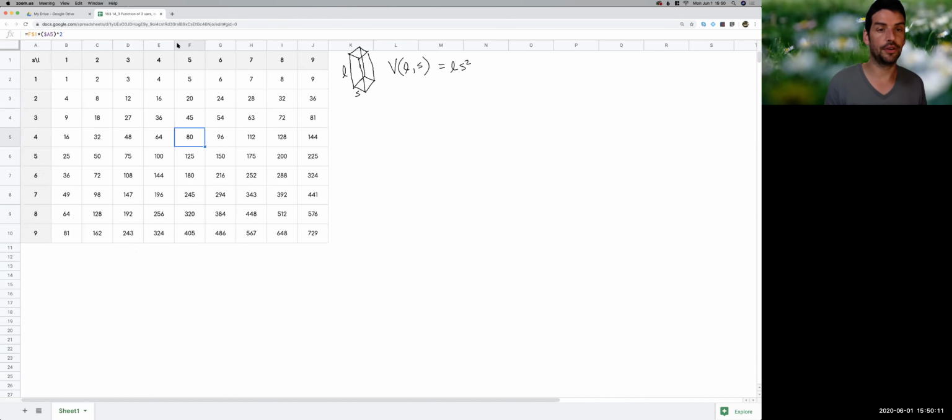So this square that I've highlighted is if you make the square base side 2 and the height 2, then you'll have 2 squared times 2 is 8. Here you have a height of 8 and a side length of 4, so 16 times 8 gives us 128, and so forth. So here are all of our different volumes for these particular values.